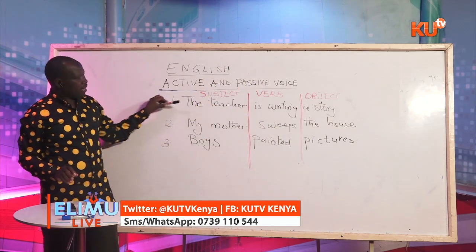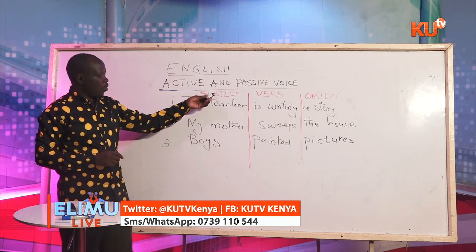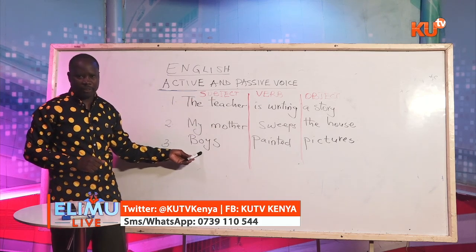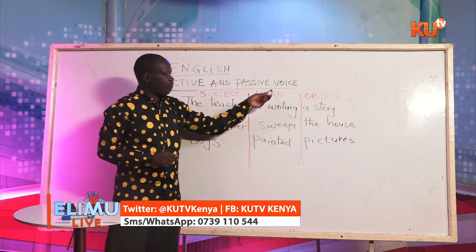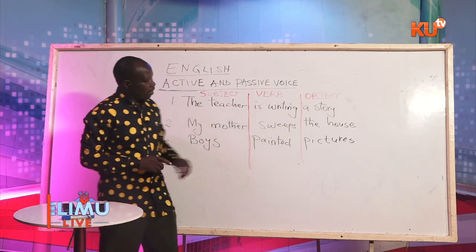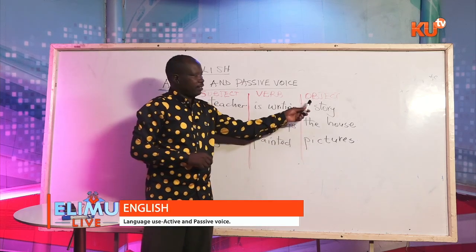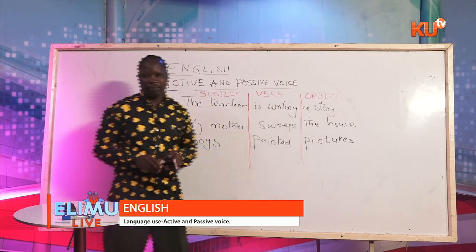So when we write any sentence, we have the subject, who is the doer of the action. We have the verb, which is the action itself. And then we have the object, which represents the receiver of the action.